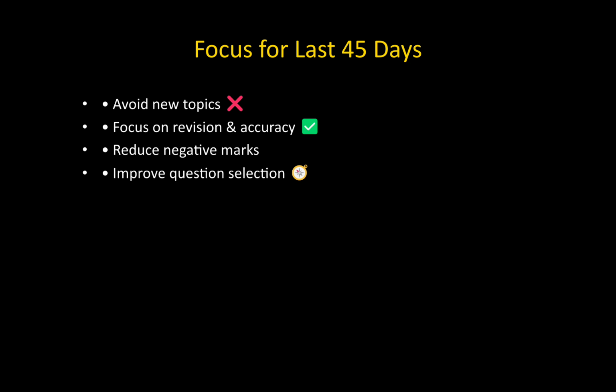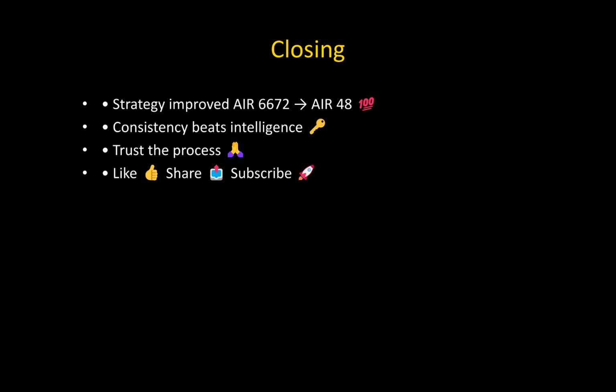So reduce negative marks, focus on revision and accuracy, and most importantly improve your question selection, that is, which questions you want to attempt. That will improve with more and more mocks. Your accuracy, your speed, and your negative marking will improve with consecutive mocks. So these are the points to focus on in the last 45 days.